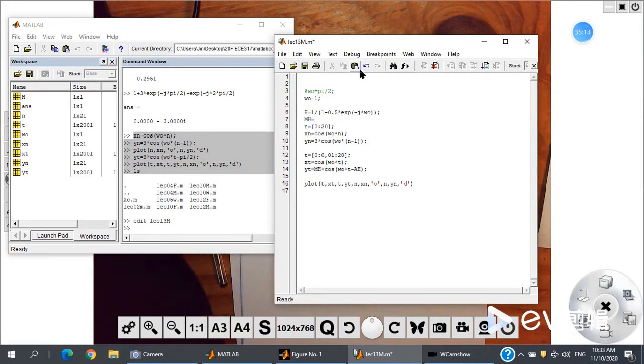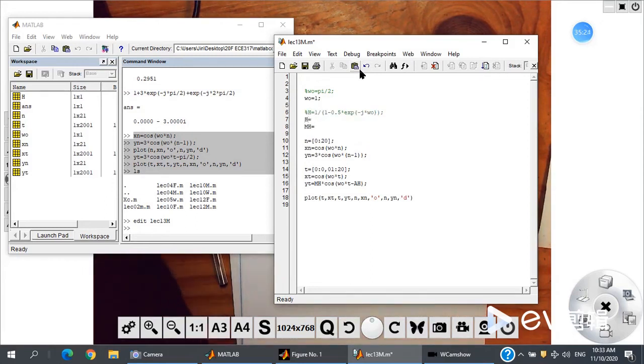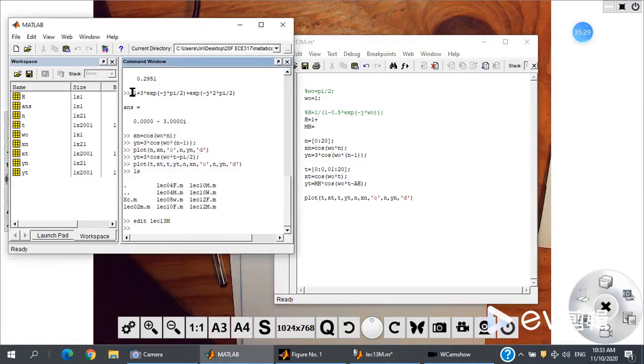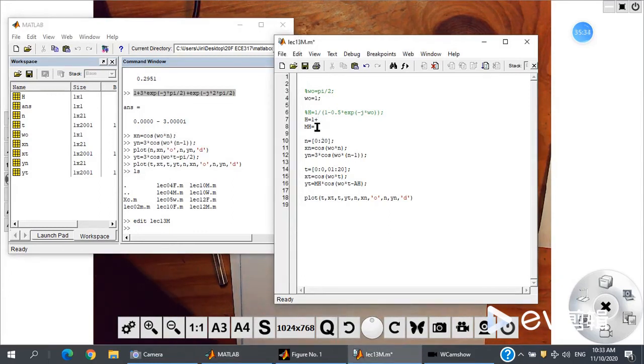Then we have the MH. Oh no, a different H, sorry. The second one is 1 plus, this is this one. It is 1 plus 3 with omega 0, and here's a 2 of omega 0.